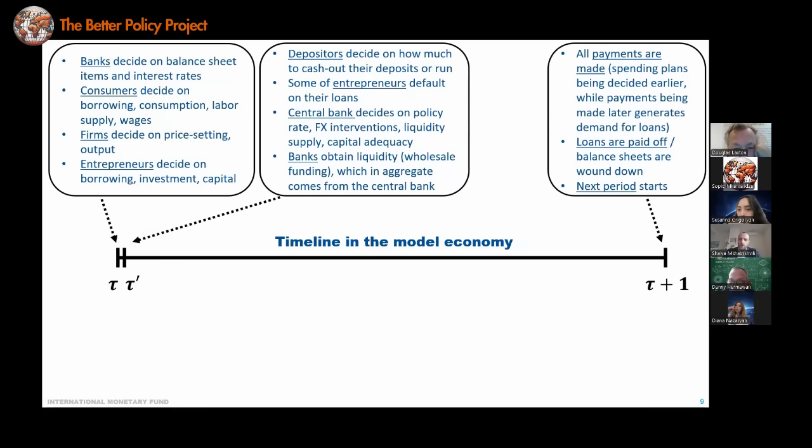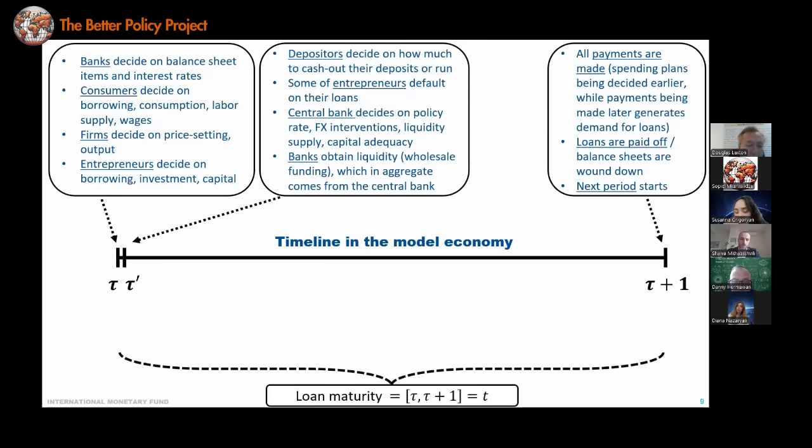And also we generate demand for loans because we assume that the non-financial sector, like households and entrepreneurs, need to obtain money at the start of the period to commit to their payment needs for their expenditures like consumption or investment. That generates demand for money balances, which they can only get from banks by borrowing.